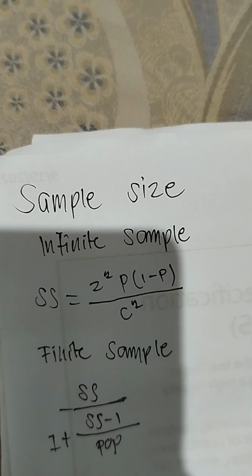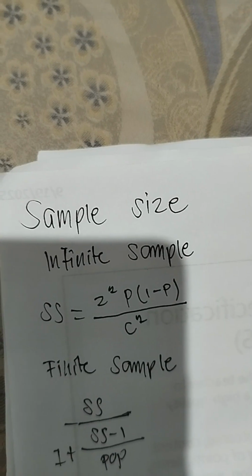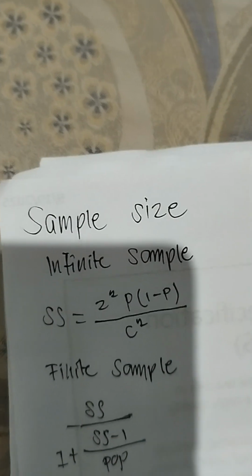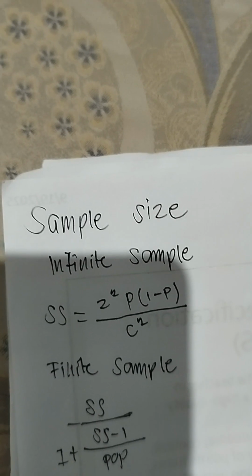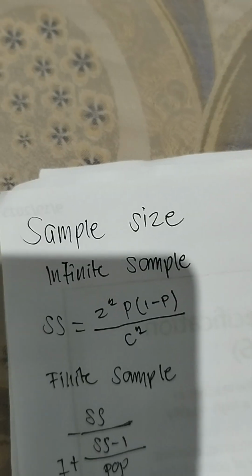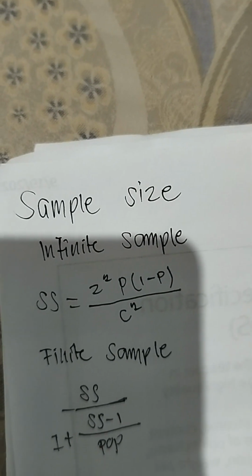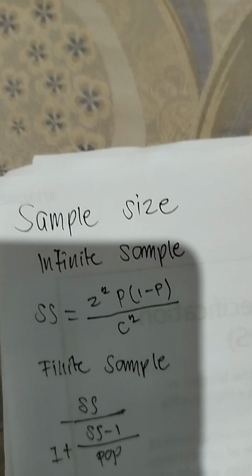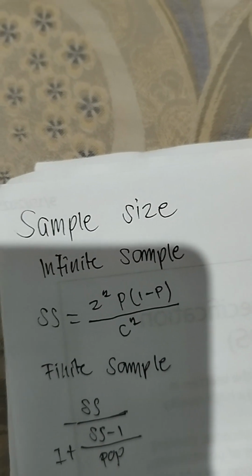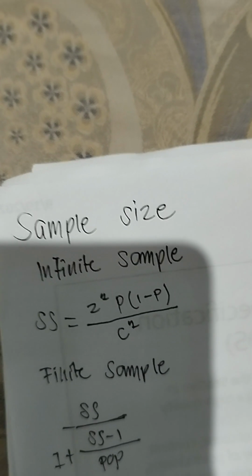So, the last one kay sample size. So, the sample size has two formulas. The first one kay infinite sample and the second is finite sample. So, infinite sample is if our population is very big or unknown.